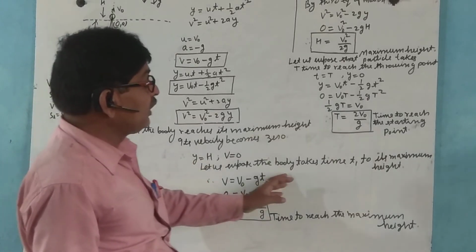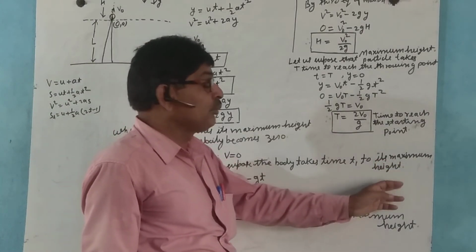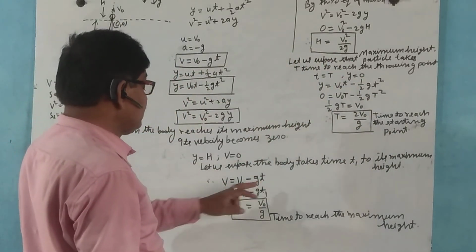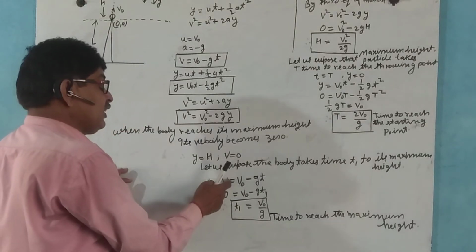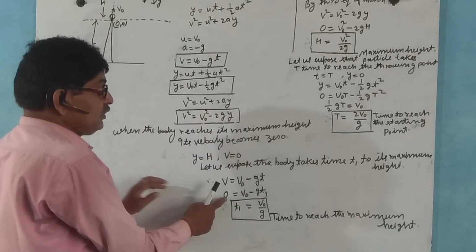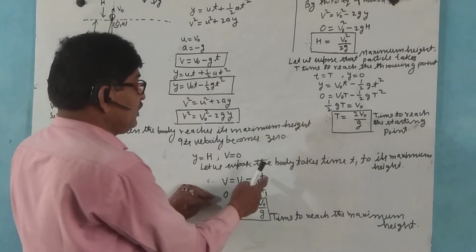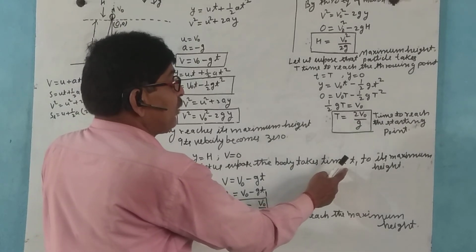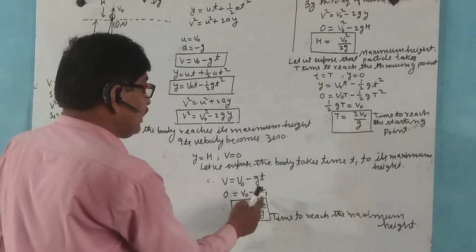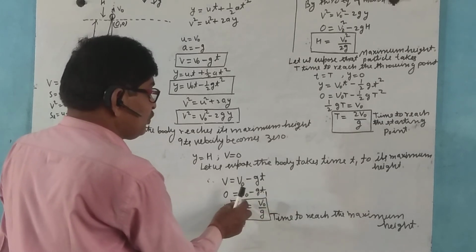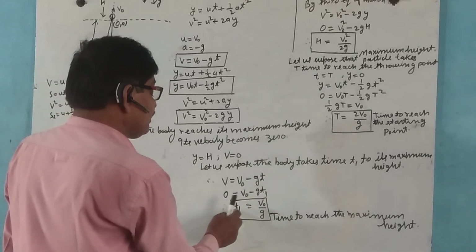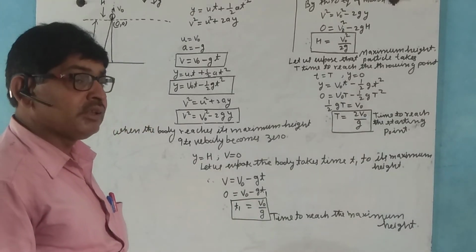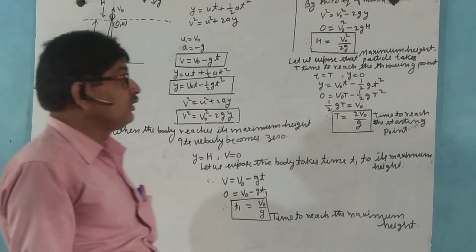Let us suppose the body takes time T1 to reach maximum height, so V equal to V0 minus GT. In this case, the final velocity is equal to 0, so V0 minus G T1 equals 0, where T1 is the time to reach the maximum height, so G T1 equal to V0, and T1 is equal to V0 by G. This is the time for the body or particle to reach the maximum height.